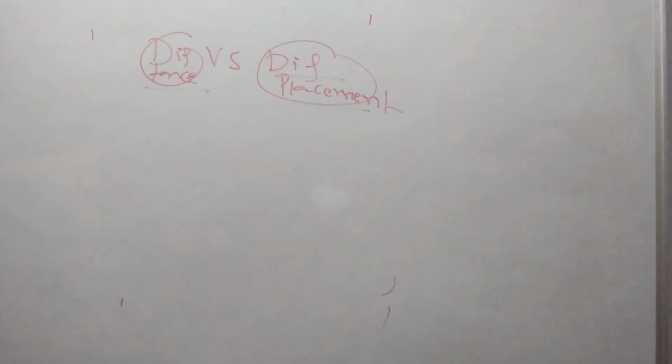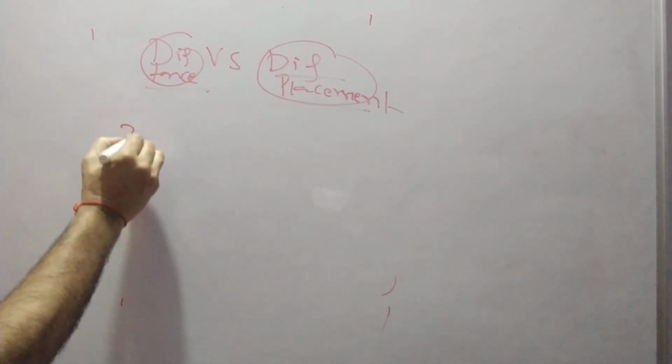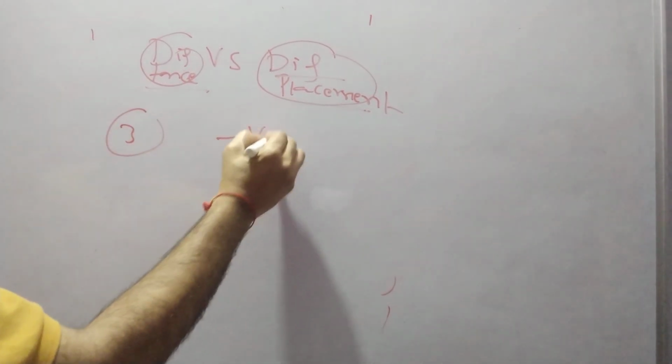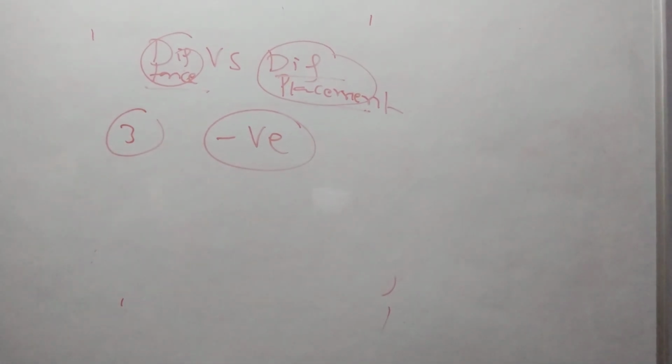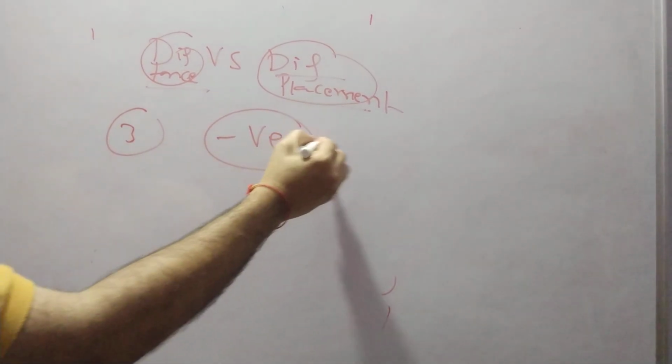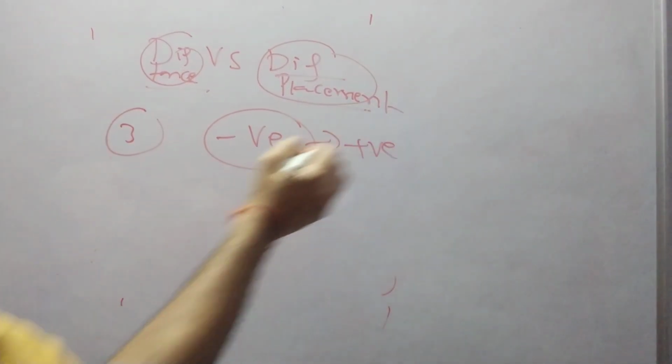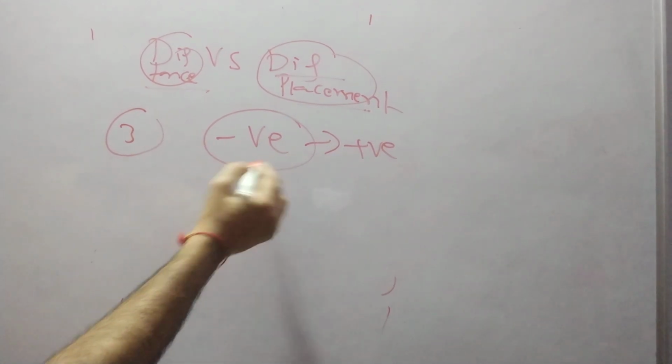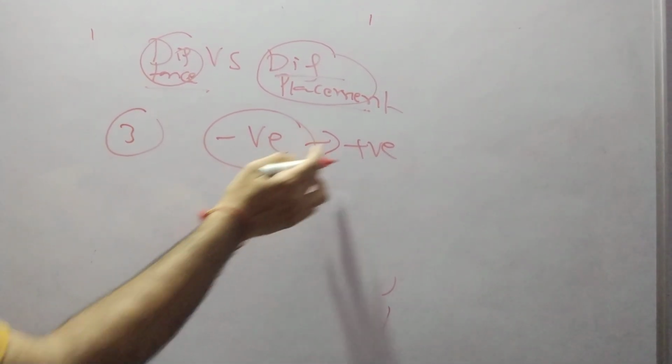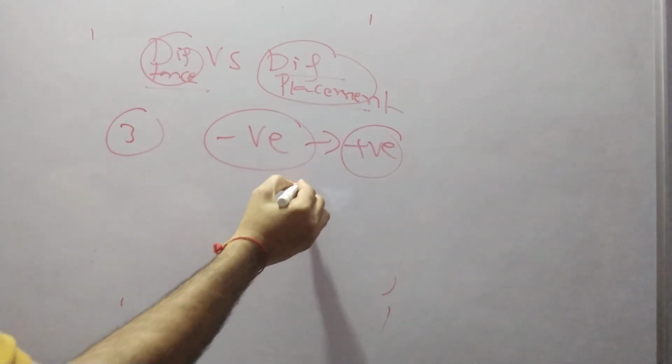And the third one is that distance cannot be negative. The value is always positive. In the example we took, 3 plus 4 equals 7, you got a positive value, plus 7.